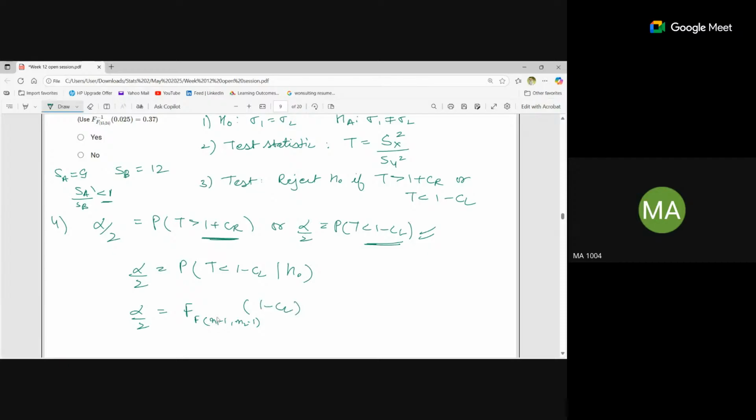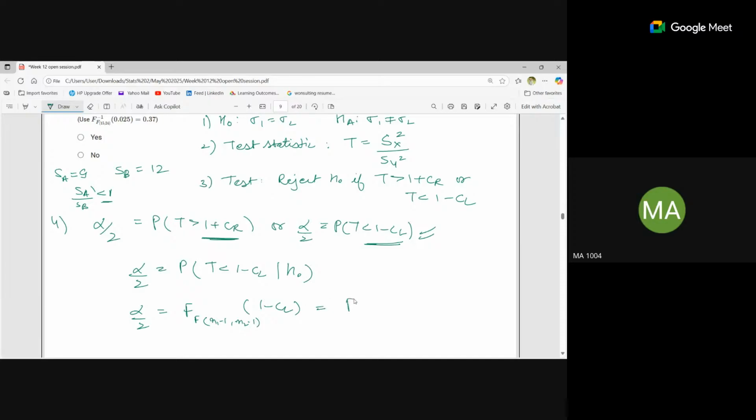You have to remember this first degree of freedom will be for the numerator, and the second degree of freedom will be for the denominator. So n1 minus 1 comma n2 minus 1.